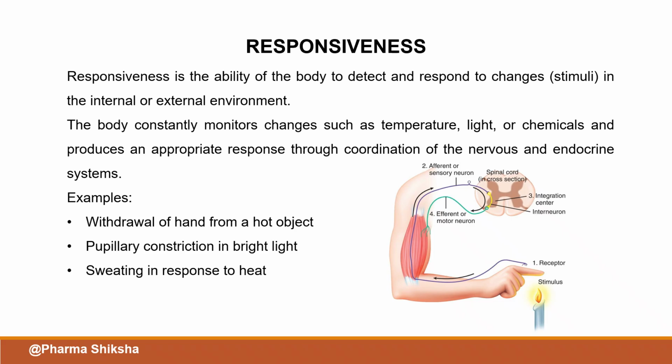For example, withdrawal of hand from a hot object, pupillary constriction in bright light, and sweating in response to heat, these are examples of responsiveness. According to the changes or the stimuli, we have the ability to change, so we can call it responsiveness.